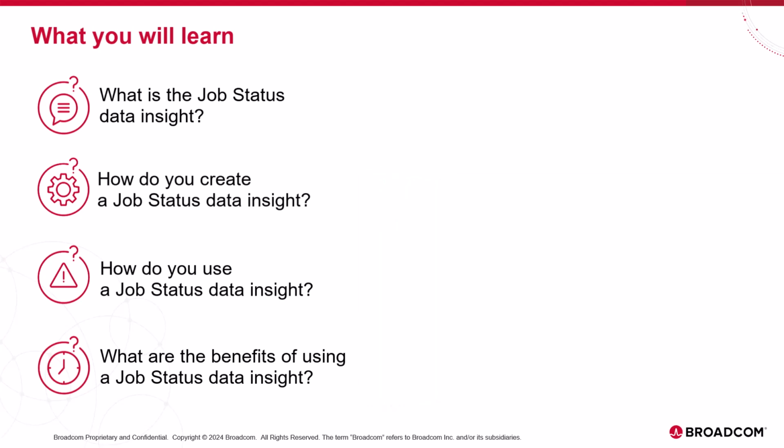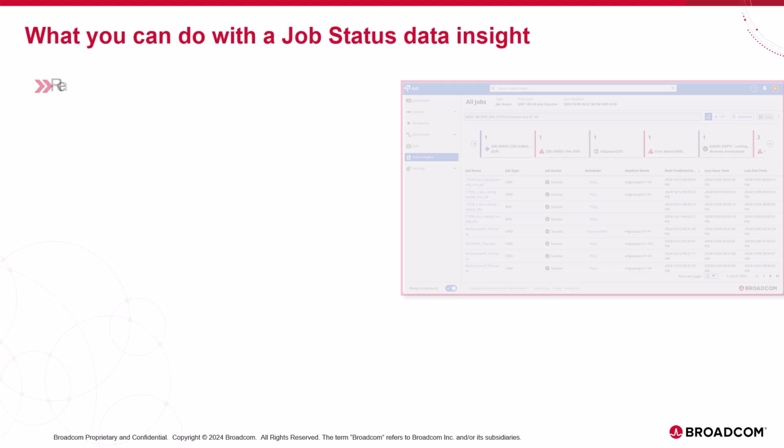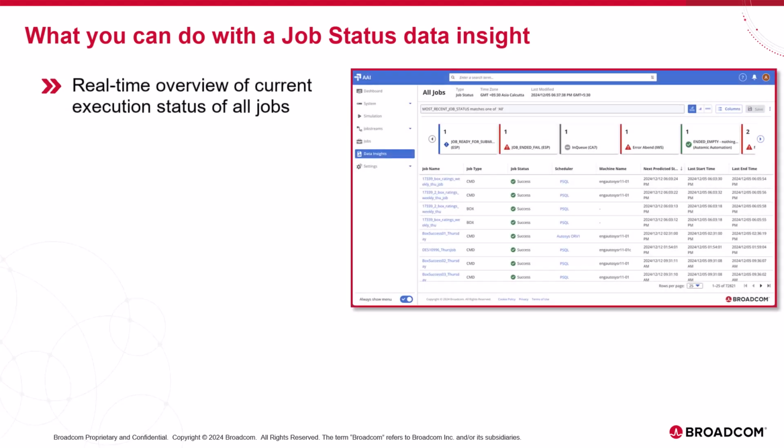Before we get to the scenarios, let's first see how a job status data insight can help you in your daily tasks. The job status data insight gives you a real-time overview of the current execution status of all the jobs in AAI.